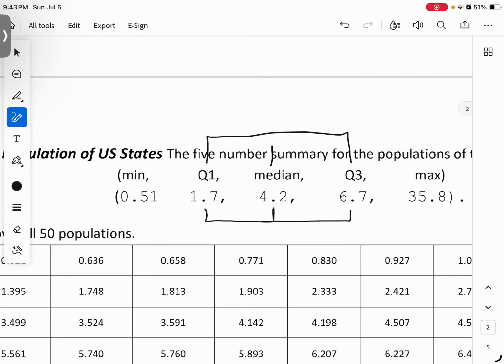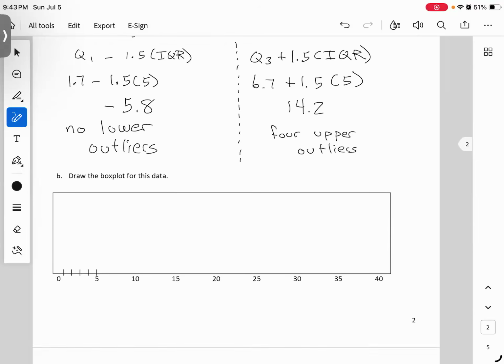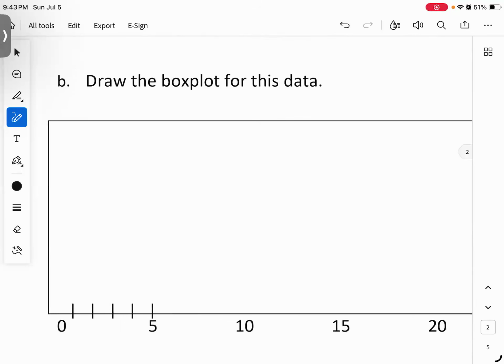And your median is the one that's going to be the center vertical bar. So 4.2, let's start there. Median is 4.2 here. And I got us started here with a little rectangle with some dashed lines. That'd be kind of where 4.2 is.